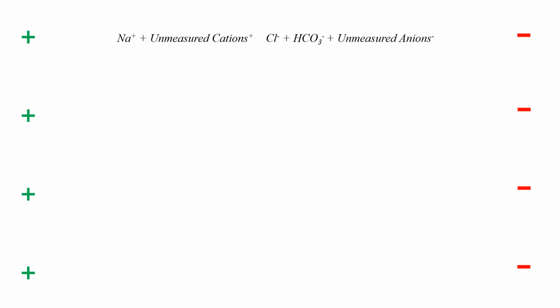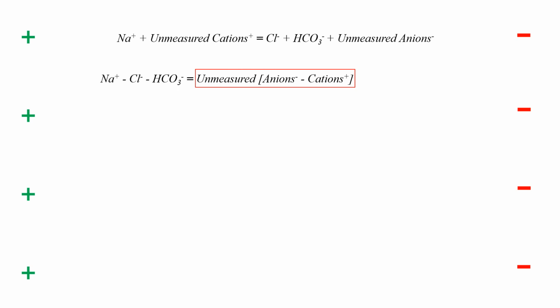Clinically, we do routinely measure sodium, chloride, and bicarbonate, so we rearrange the equation and put things that we measure on one side and things that we do not measure on the other side. This gives us the equation sodium minus chloride minus bicarbonate is equal to the difference between unmeasured anions and cations.